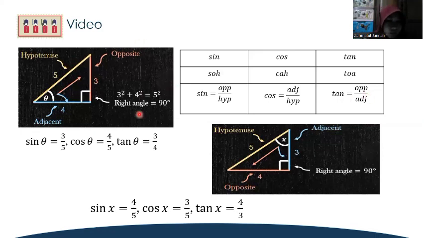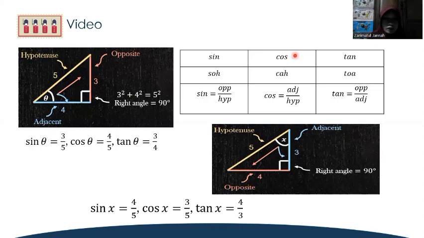The picture is sine of theta. The formula is sine equals opposite per hypotenuse. Opposite is 3 and hypotenuse is 5, so sine of theta equals 3 per 5.